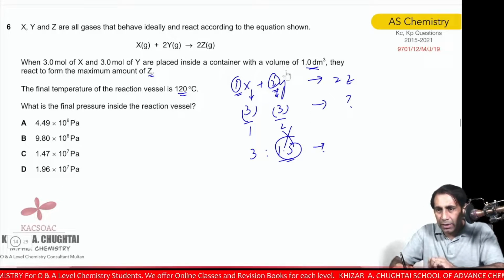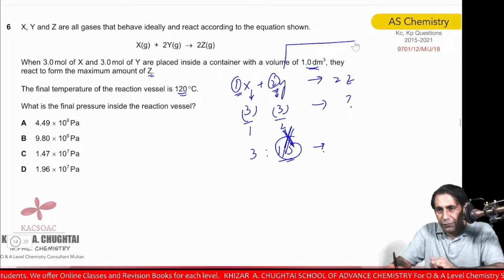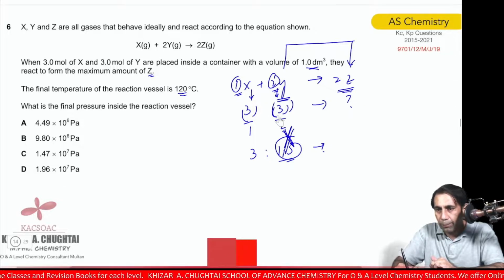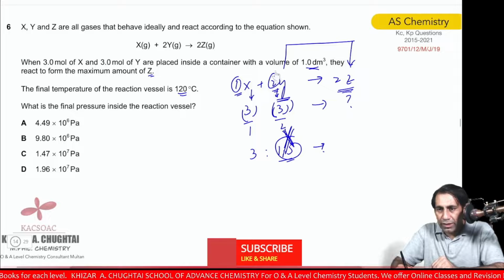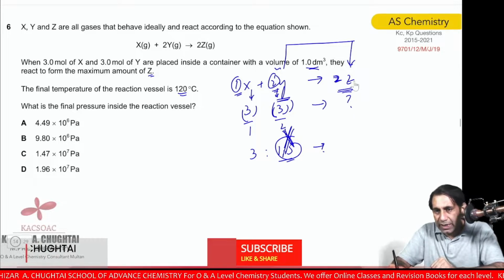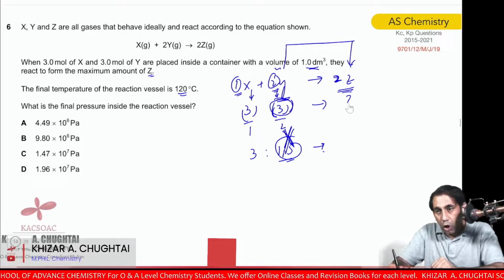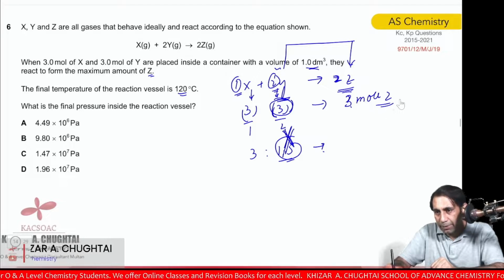So Y will be equal to 0 at the end of a chemical reaction, and the final answer of Z will be based on the mole of Y used, right? If we are using 2 mole of Y according to this balanced chemical equation, 2 mole of Z is formed. If we are using 3 mole of Y, how much mole of Z will be formed? Exactly 3 mole of Z will be formed.